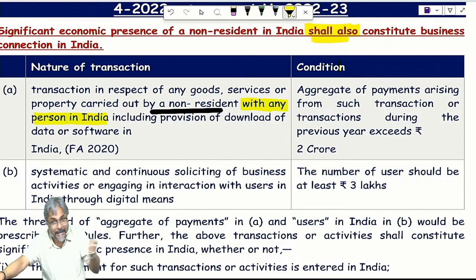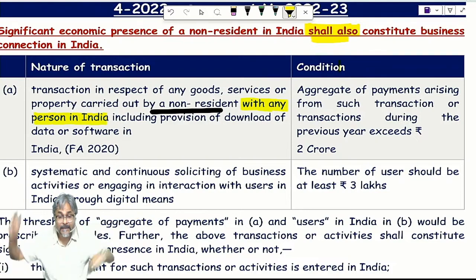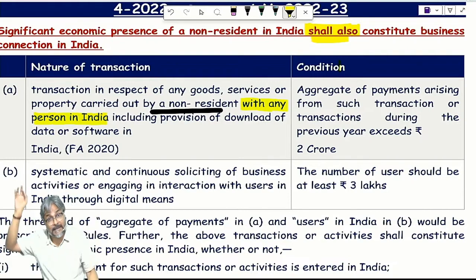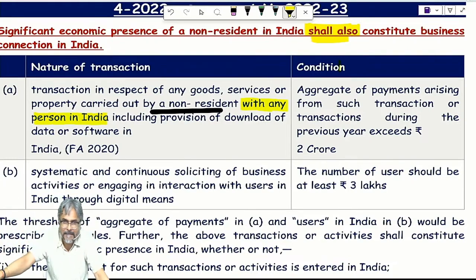So will this transaction of Harrods departmental store, which is supplying the goods to Mr. Shah Rukh Khan, who presently in this year is a non-resident, also be considered in the threshold of this rupees 2 crores? The answer is yes. Because is he a person in India? And the answer is yes.